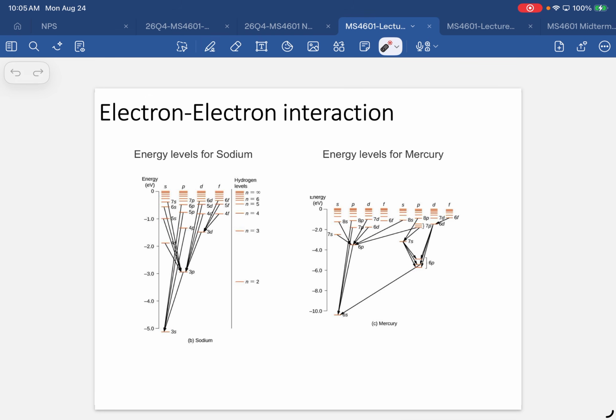For example, for hydrogen, 3s and 3p were exactly at the same energy, right? Do you remember? Because the energy levels of hydrogen depend on only n, the quantum number n, which determines the first digit. But in this case, we consider sodium, whose atomic number is 11.